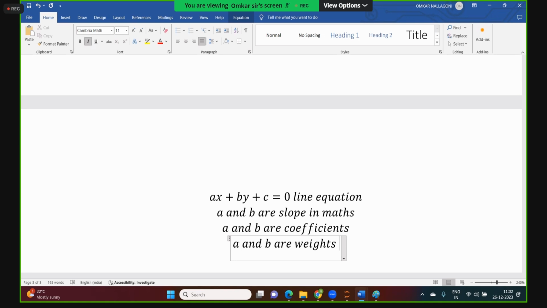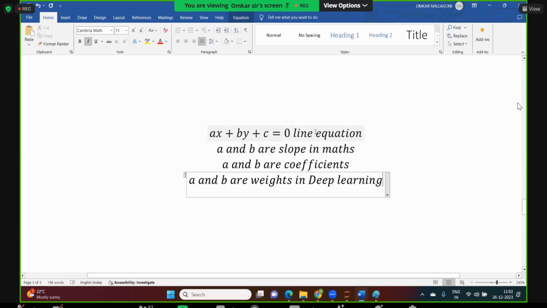How much weightage are you providing? Social media has more weightage, that's why you multiply with 10. Newspaper has less weightage, that's why you multiply with 1. The developer has to do more work, that's why you provide more weightage to him. A and B are weights in deep learning.